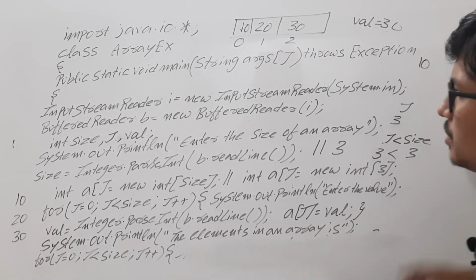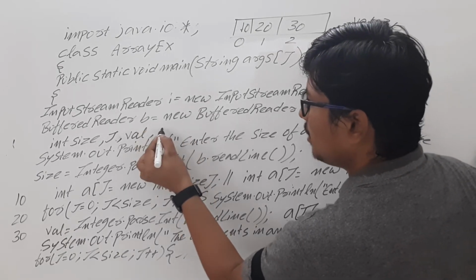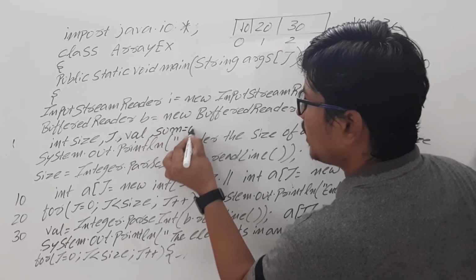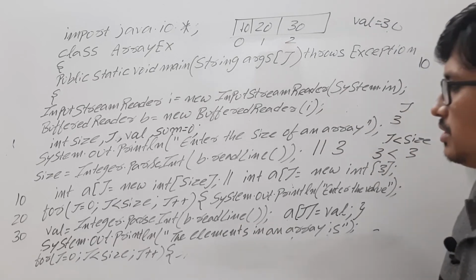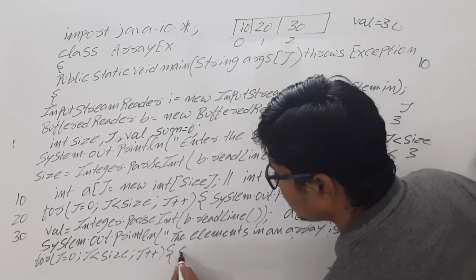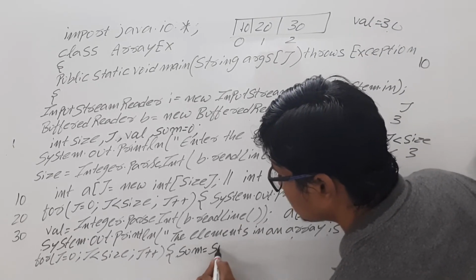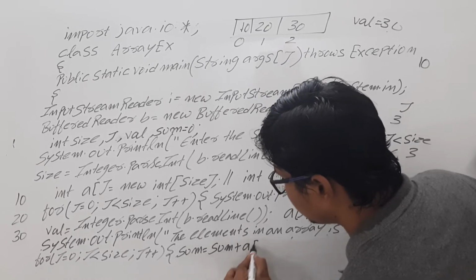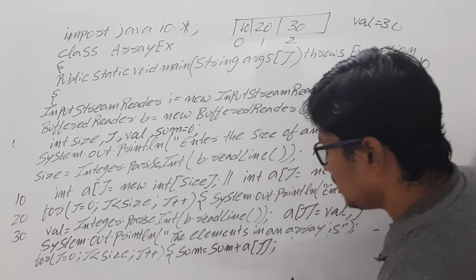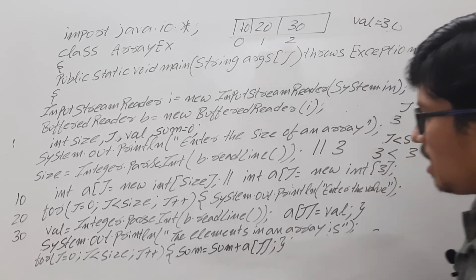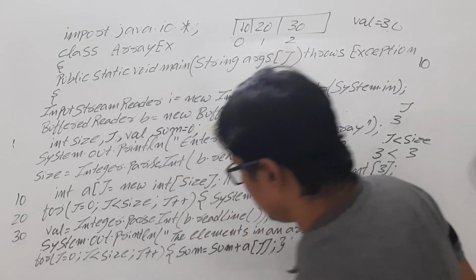Okay. So in this case, I will take one more variable and I will assign sum is equal to 0. Then here I will write sum is equal to sum plus a of j. Then I will close the for loop. After that, I will display the sum value.